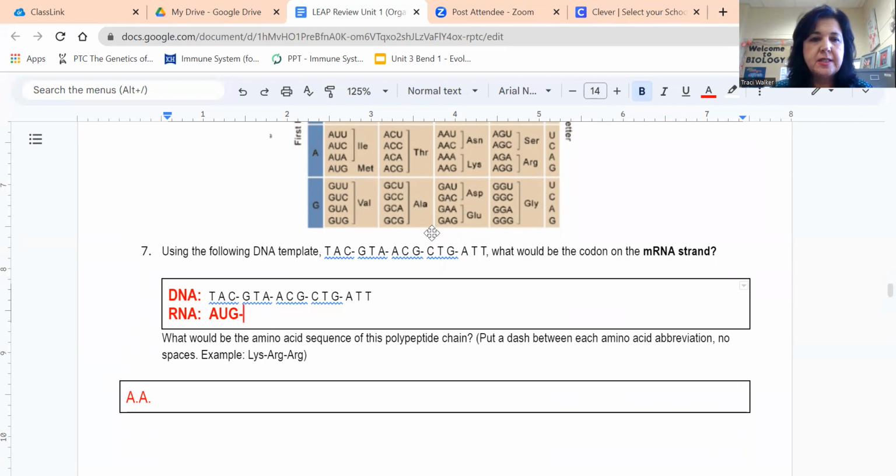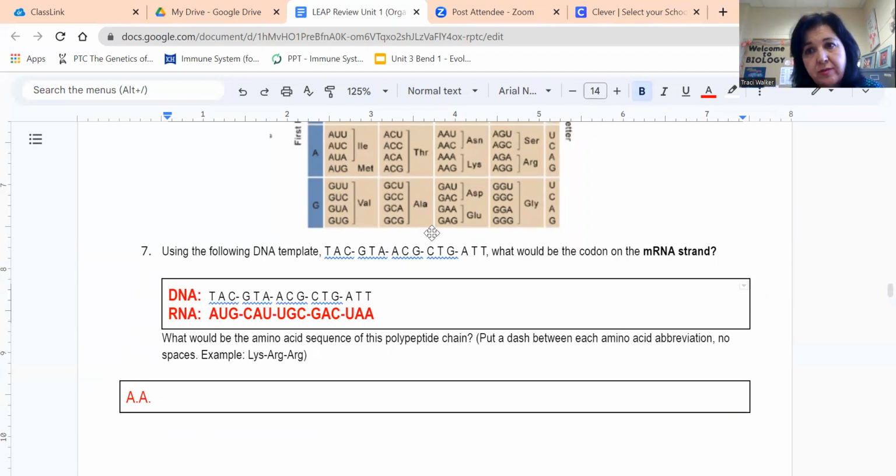GTA is going to become CAU. ACG is going to become UGC. CTG is going to become GAC. And ATT is going to become UAA. Okay.